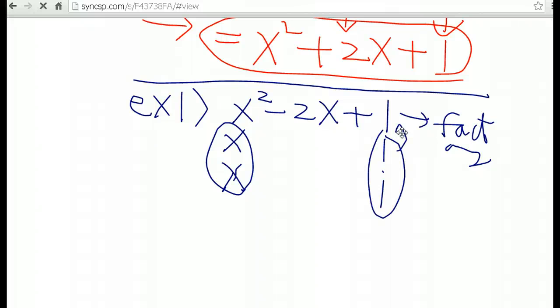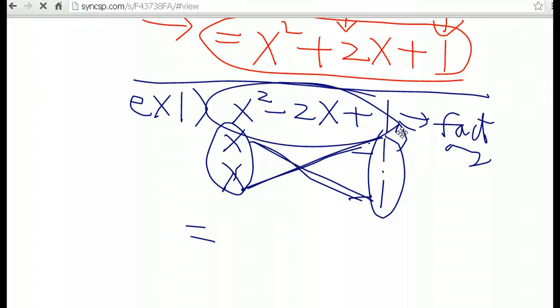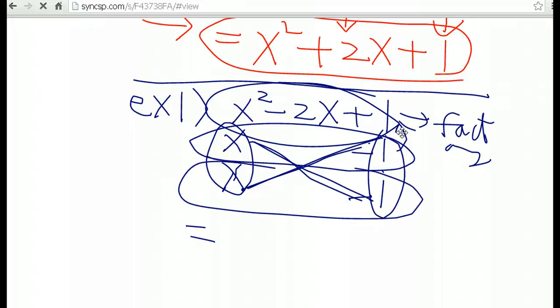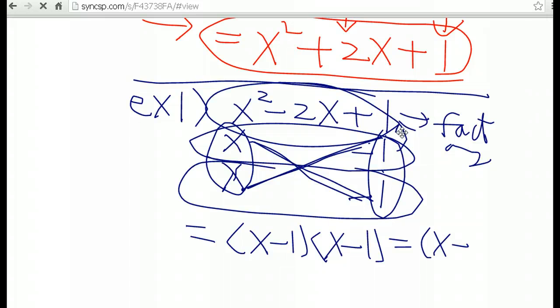The middle term is 2x, and this is a minus, so the only possibility is that both are minus: minus x plus minus x is minus 2x. Therefore, if you factorize, this becomes x minus 1 multiplied by x minus 1, which is x minus 1 squared, and this is the factorization of the given expression.